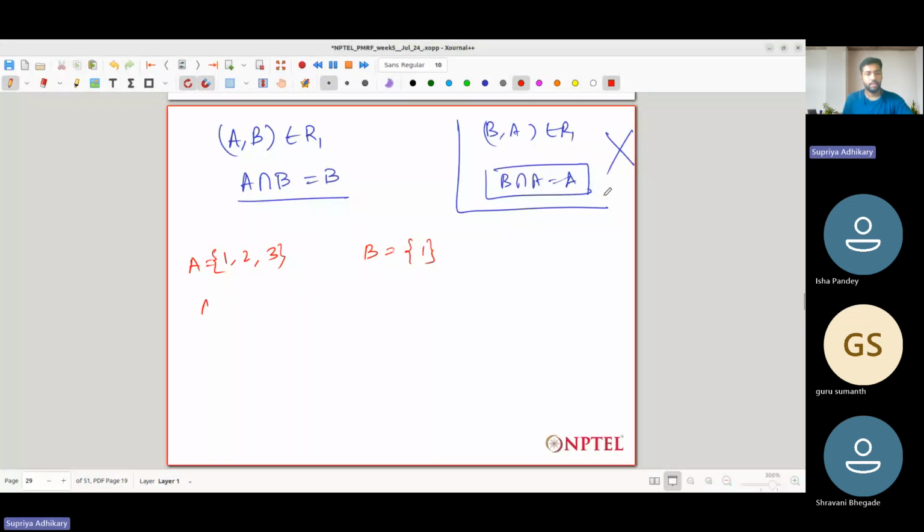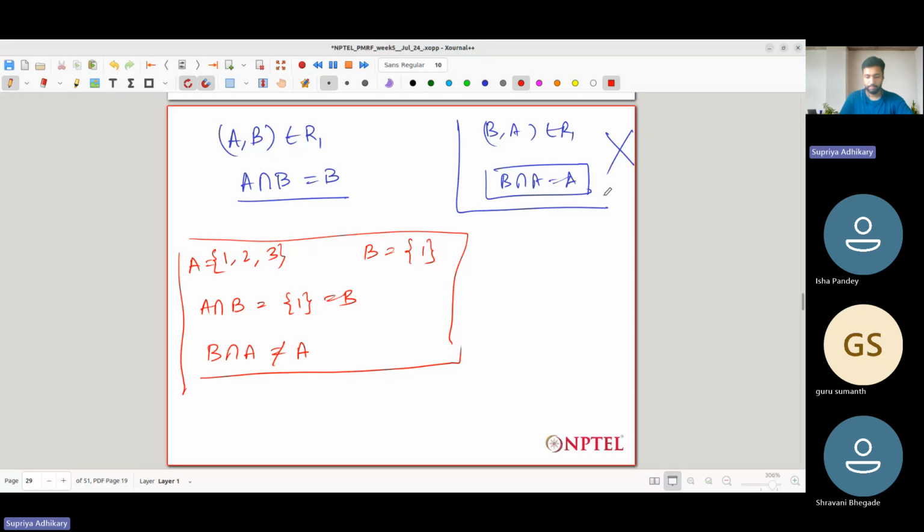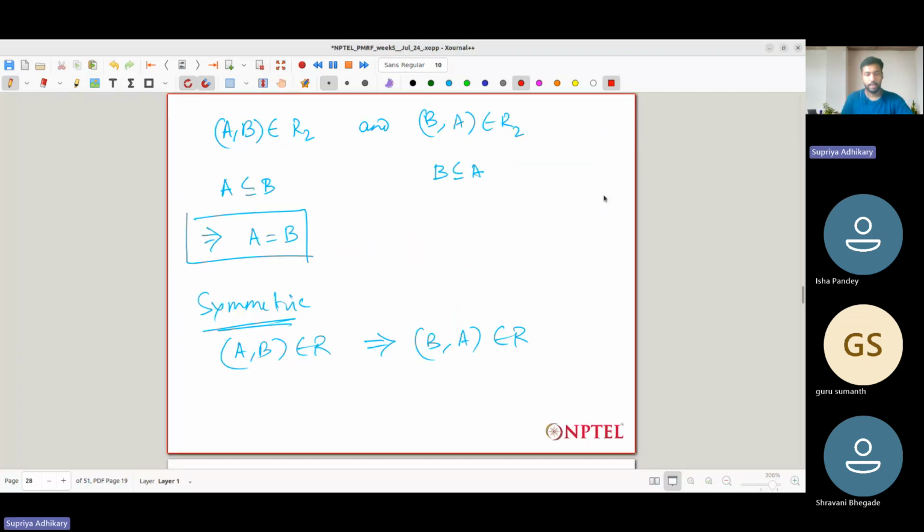If we take A intersection B, then A intersection B is equal to the singleton set {1}, which is B. But B intersection A is not equal to A, because B intersection A would be equal to the singleton {1}, and that is definitely not equal to A. So we have an example for which this fails. So this R1 is definitely not a symmetric relation.